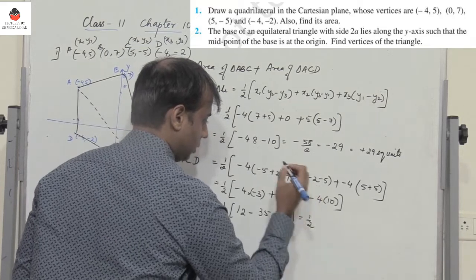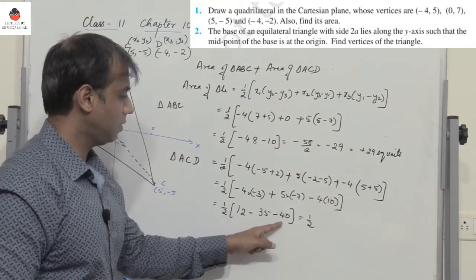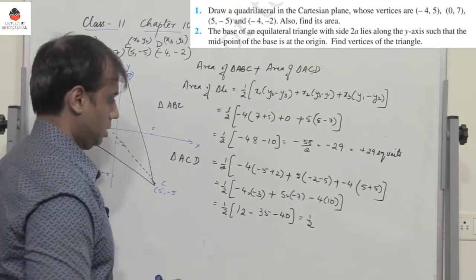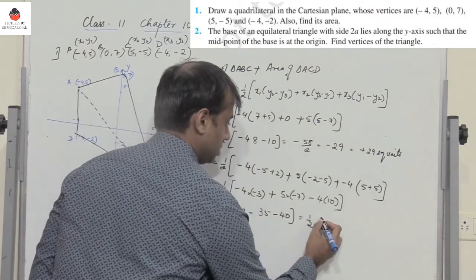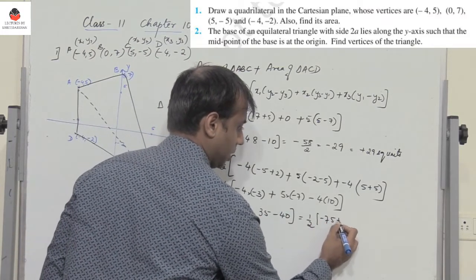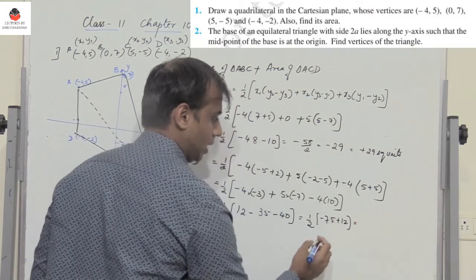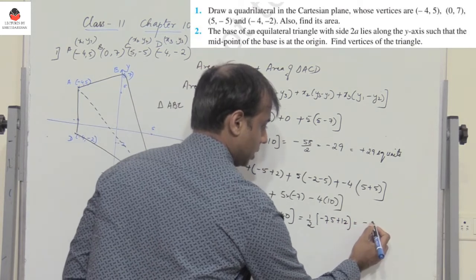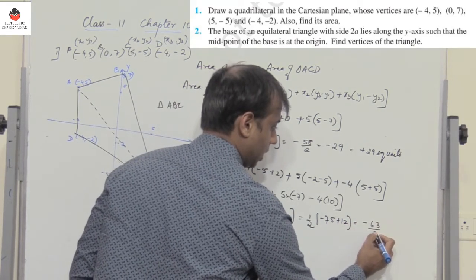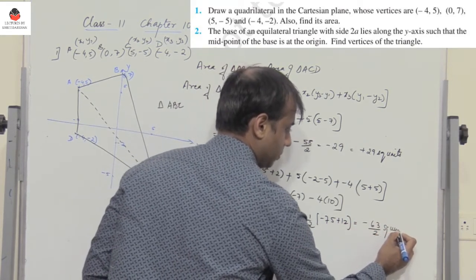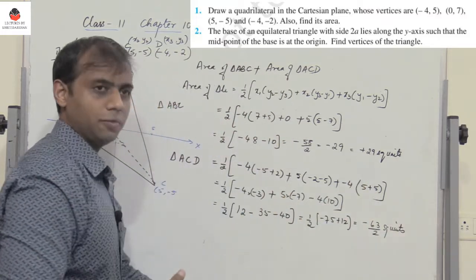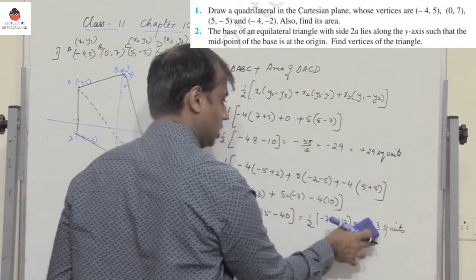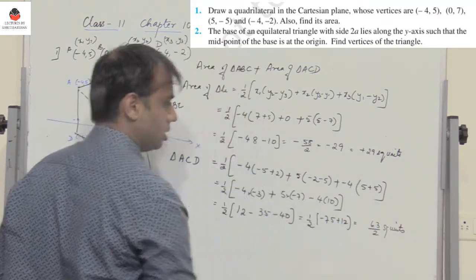So it's going to be half into minus 75 plus 12, which will give me a value of minus 63 by 2 square units. The area of a triangle cannot be negative, so it is plus 63 by 2 square units.